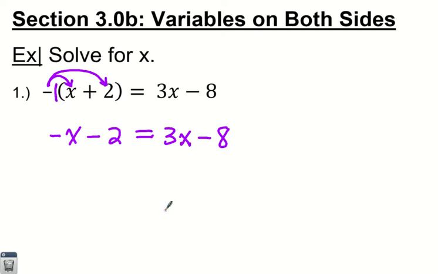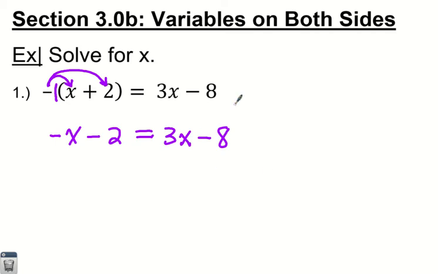Now, I could either subtract 3x so that it ends up over here and we're getting our x's together over here, or I could make this -x go away from the left so that we can gather our x's on the right.